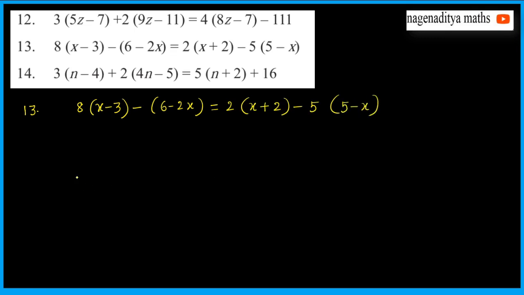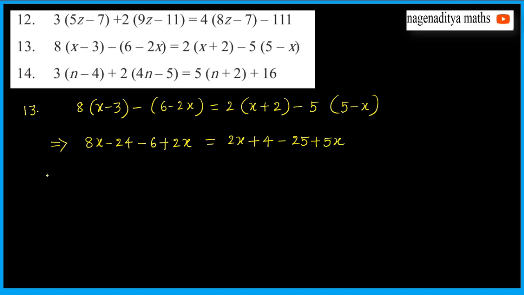Okay, so this implies 8 into x, 8x, 8 3s are 24, minus 6 and minus into minus plus 2x, is equal to 2x plus 2 2s are 4, minus 25, minus into minus plus 5x.